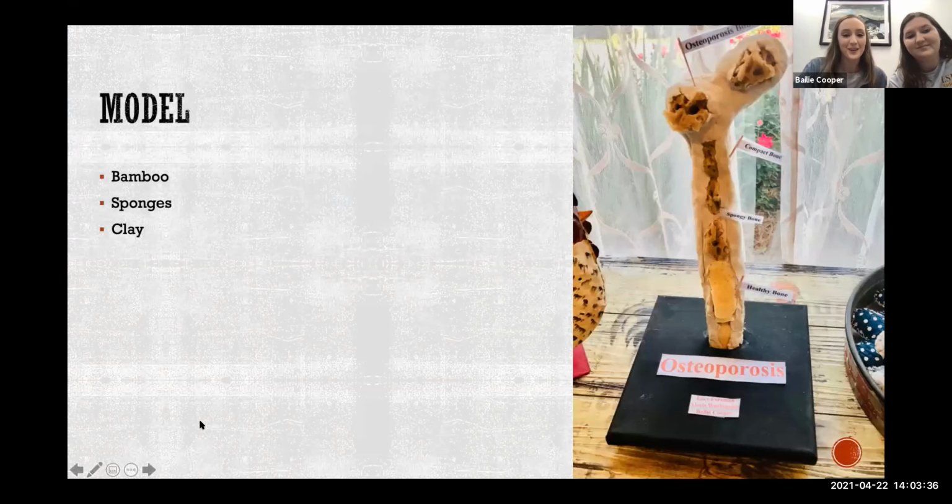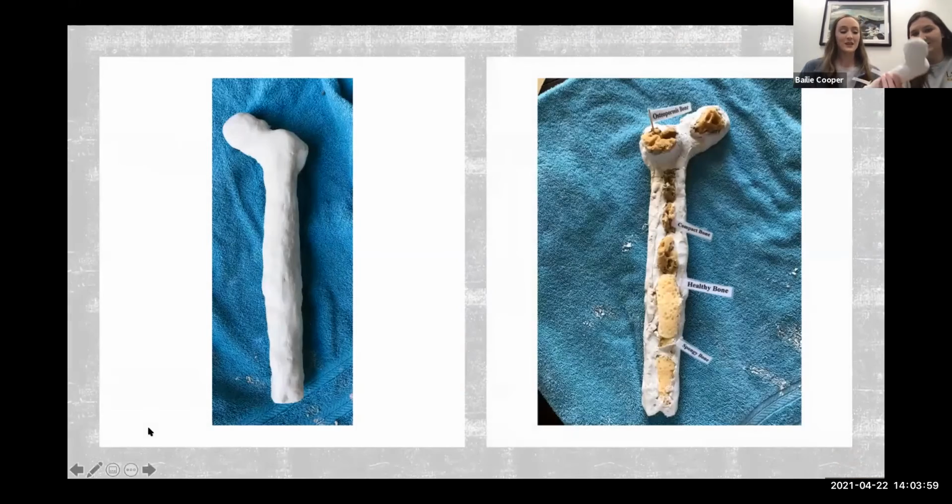Okay, so the fun part, our model. We actually took bamboo, sponges, and clay to make it. It's very anatomically correct. It is the size of my femur. Okay, so you see the backside, it's kind of cracked now with fractures, we're going to say. You can see how it has the neck, it has the femur head, all of that.